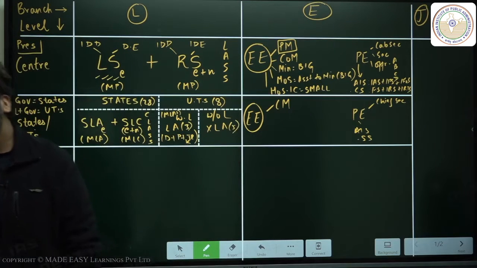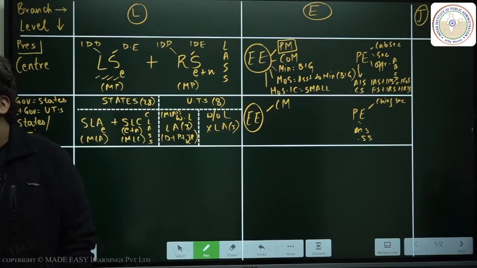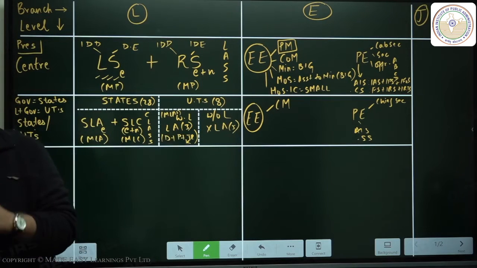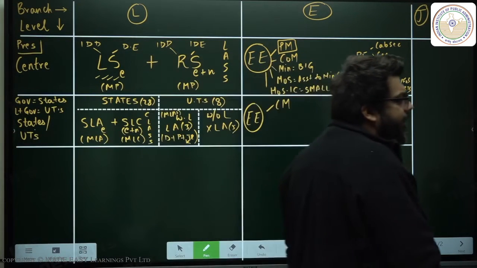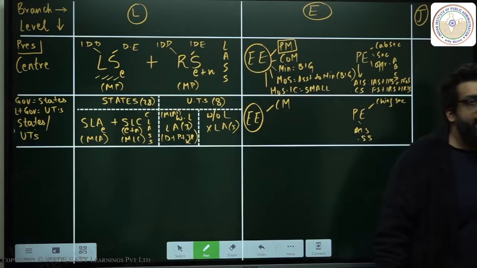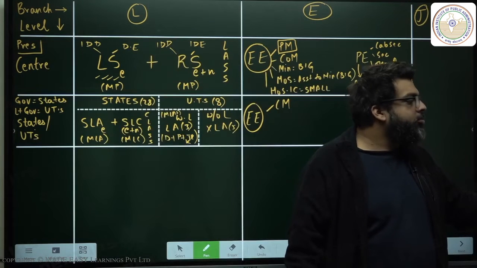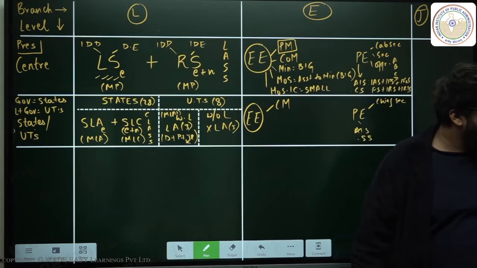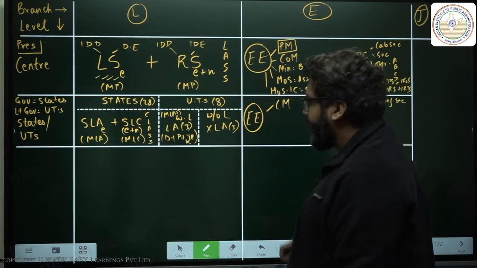Very recently, Jammu and Kashmir is the only state in the history of this country to have been demoted from a state to a union territory, and most recently Daman and Diu and Dadra and Nagar Haveli have been integrated into one union territory. They are no longer 2 union territories. Alright, so this remains the same, we are fine here.